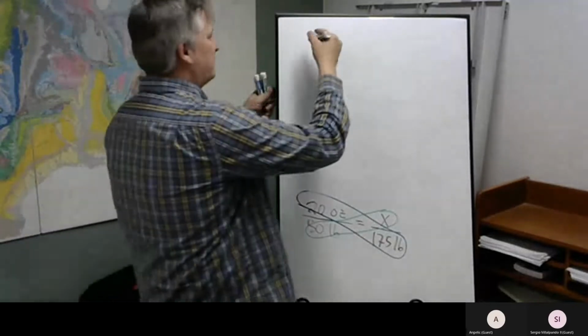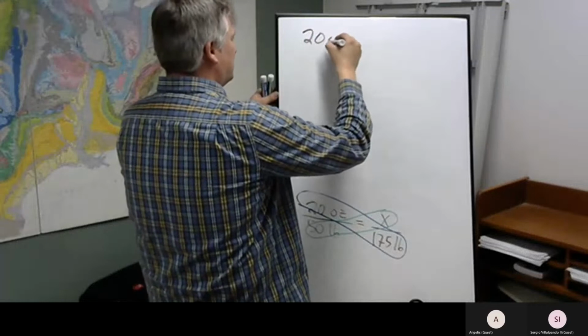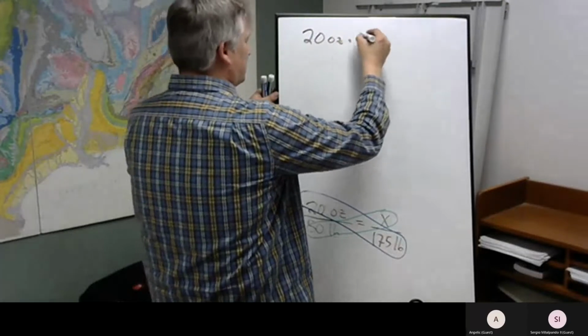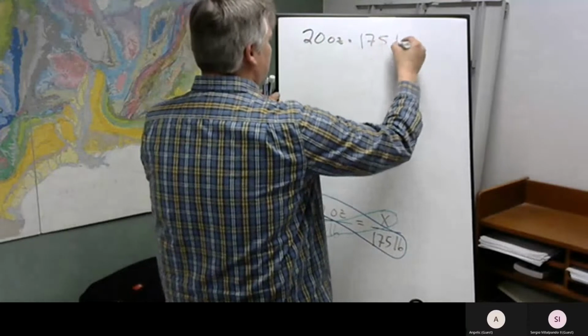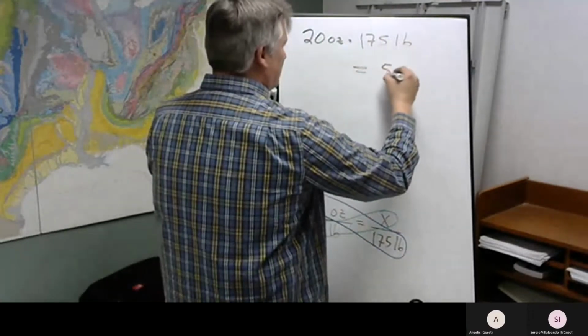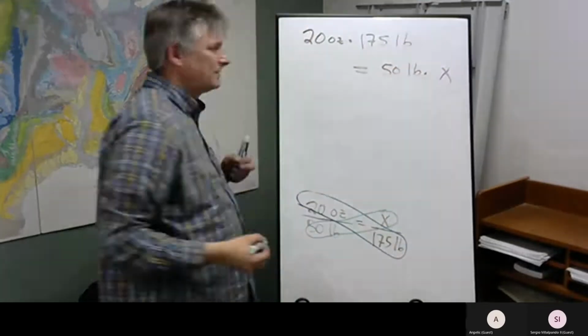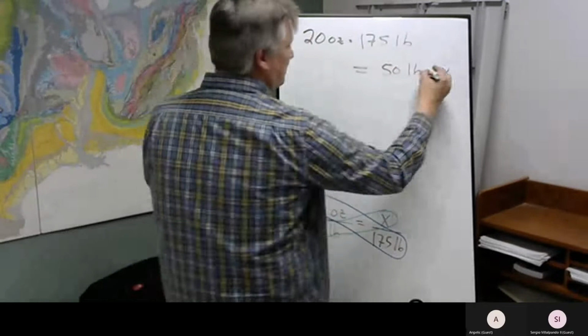So this means we have our means. Well, if we take our extremes, we'll have 20 ounces times 175 pounds equal to 50 pounds. And it's some unknown amount of ounces, X ounces.